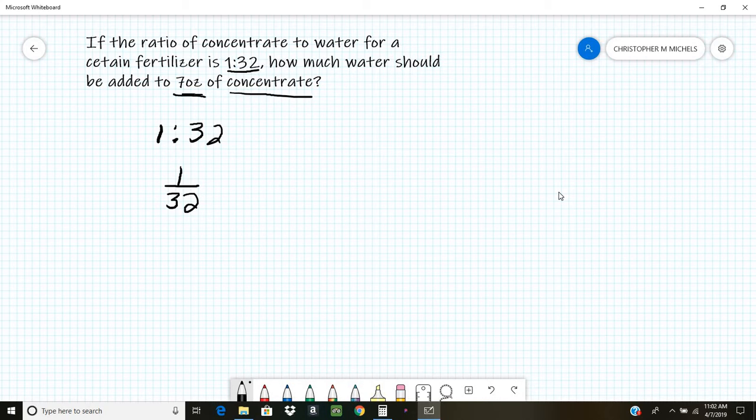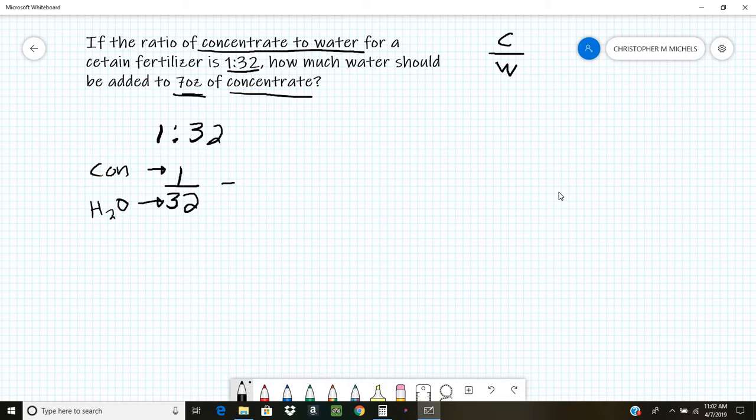The other key phrase to figure out what each of these numbers represents is right here: concentrate to water. When I see concentrate to water, that means it's concentrate over water. So this 1 represents your concentrate. This one represents your water.